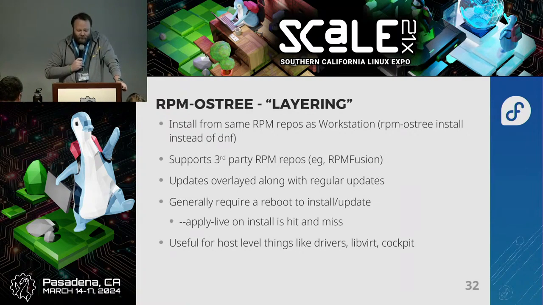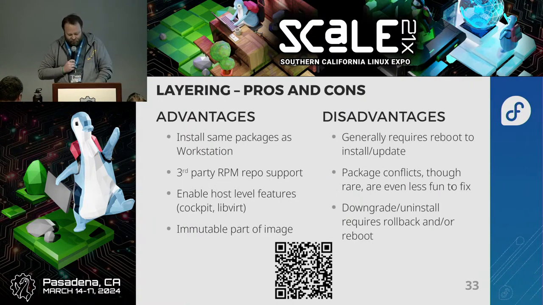But it's really useful at the host level for doing things like drivers, libvirt, and cockpit. Advantages, disadvantages of using rpm-ostree. Advantages: you install the same packages as the Workstation out of the box, there's third-party RPM repo support, and you enable host-level features like cockpit or libvirt, and it becomes that immutable part of the image.